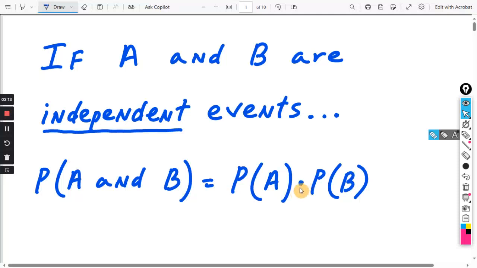And you can extend this to anything 2 or more. So if you flip a coin 5 times, you can just multiply the probability 5 times, because each coin flip is an independent event. So you can keep going and keep multiplying if it's more than 2 events.